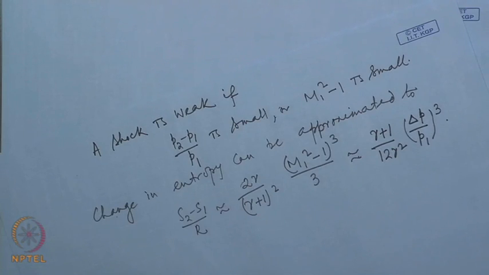So for a weak shock the change in entropy is third order in shock strength.